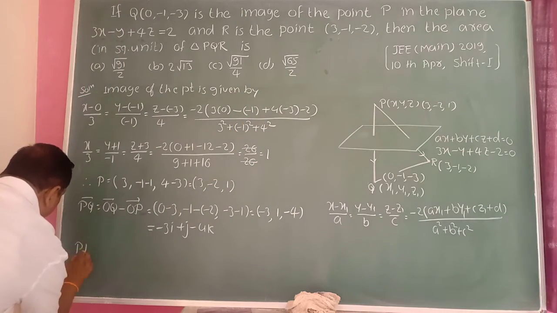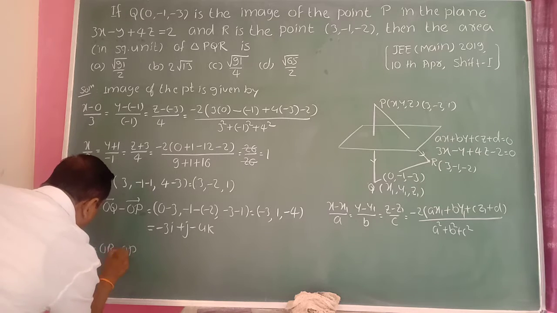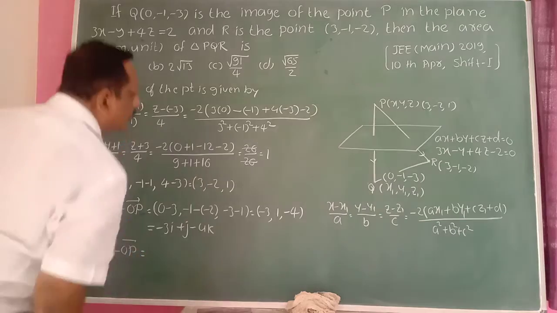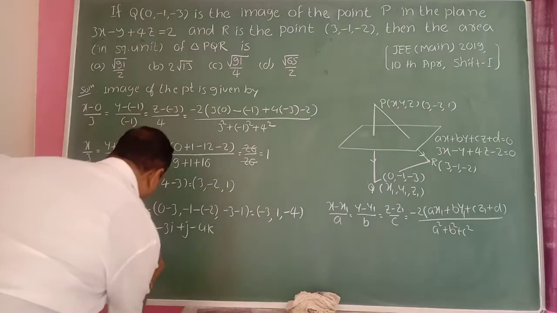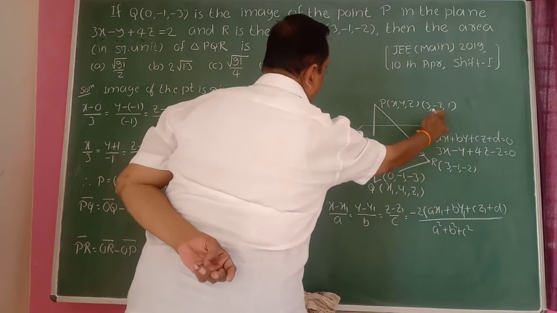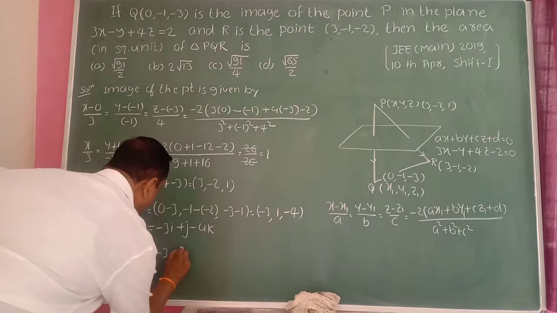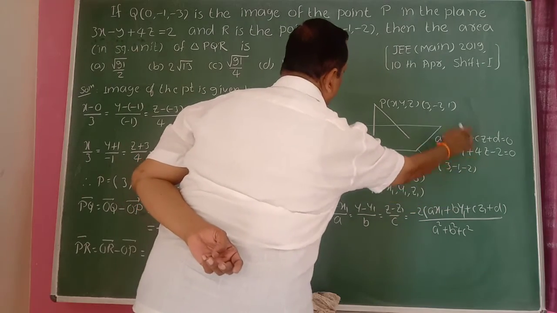Then find PR. PR is given by OR minus OP. So 3 minus 3, then -1 minus (-2), then -2 minus 1.